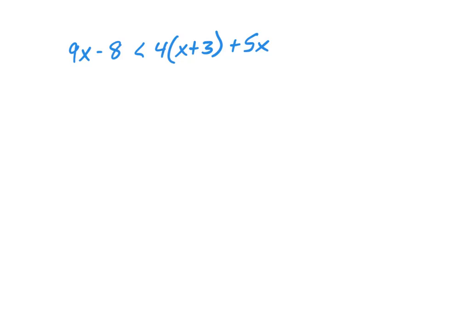Okay, so we want to solve here. Very similar to the last one, right? We see parentheses, we see variables on both sides, so a lot of very similar concepts to what we just got done doing. So we're going to take the 4 and distribute it.